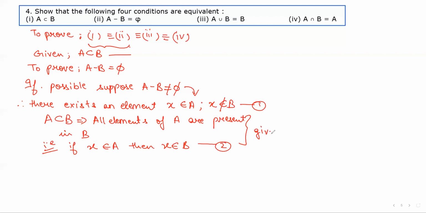This is an extended version or further explanation of your given condition. So from 1 and 2, A minus B is not equal to ∅ is not possible.